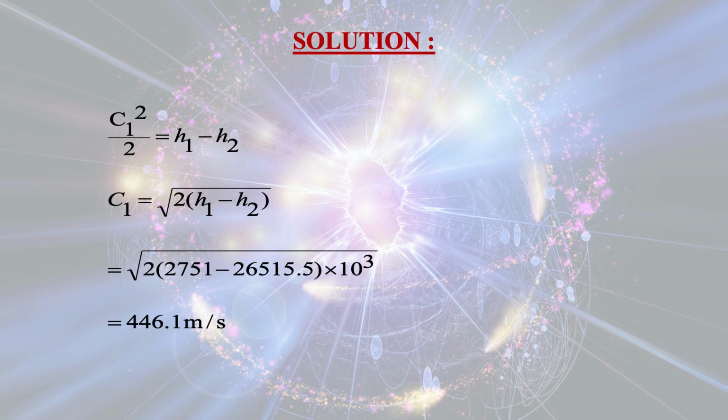And see, we have multiplied 1000 on the right hand side because H1 is in terms of kilojoule. So the final velocity C1 is, for this case you will get 446.1 meter per second.